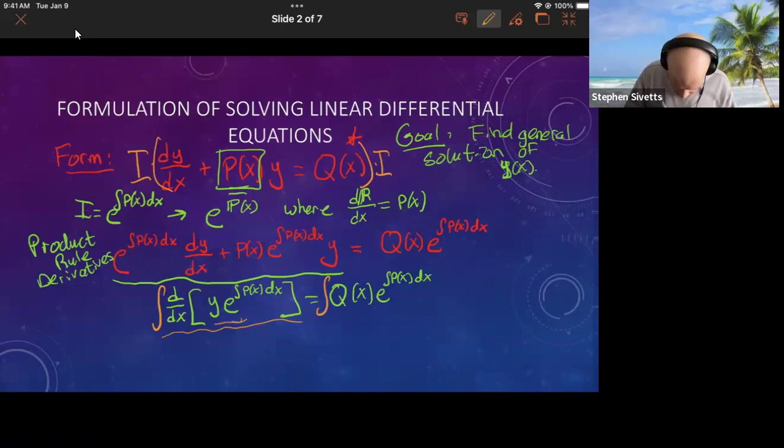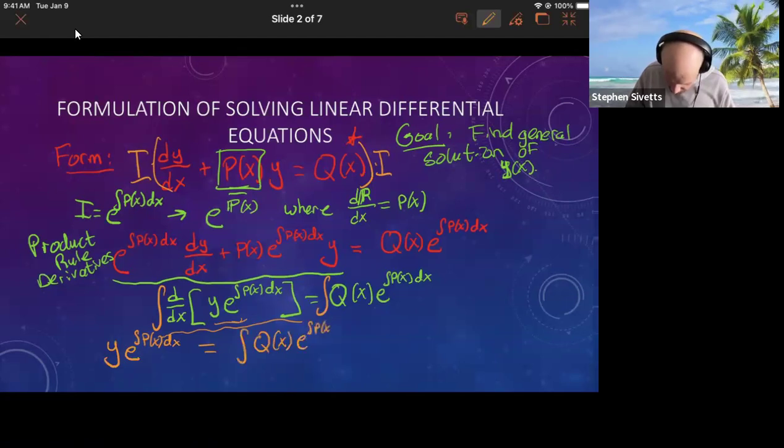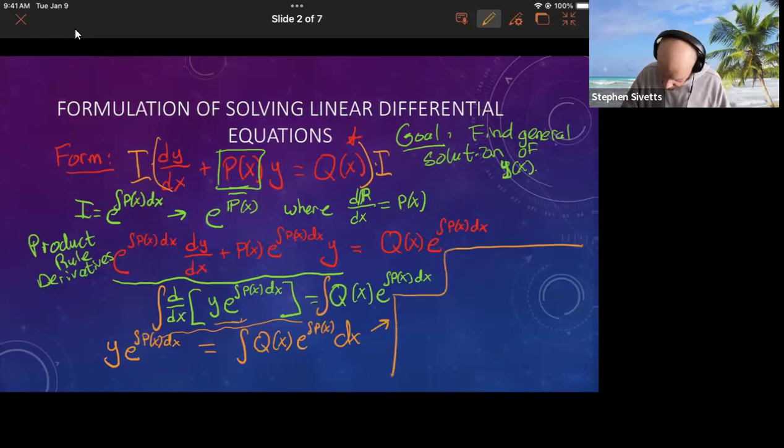So you'll have y times e raised to the integral of p of x dx, and this would equal the integral of q of x times this quantity. I know this looks kind of messy, but we're actually almost there. If we divide both sides by the exponential factor, we will get what a general solution for a linear differential equation should look like.